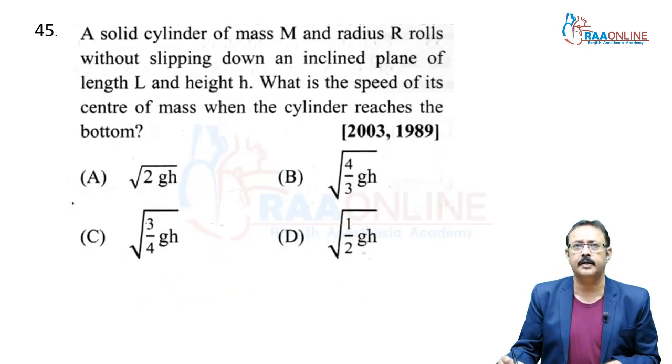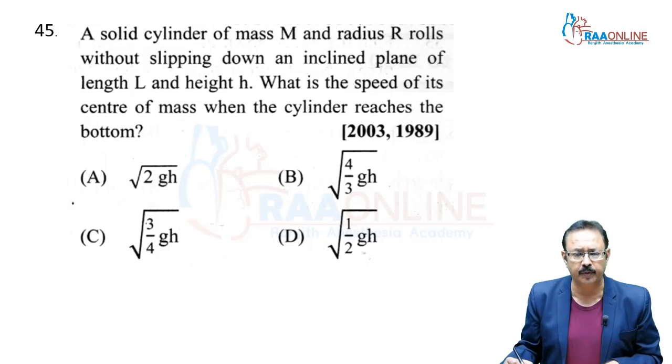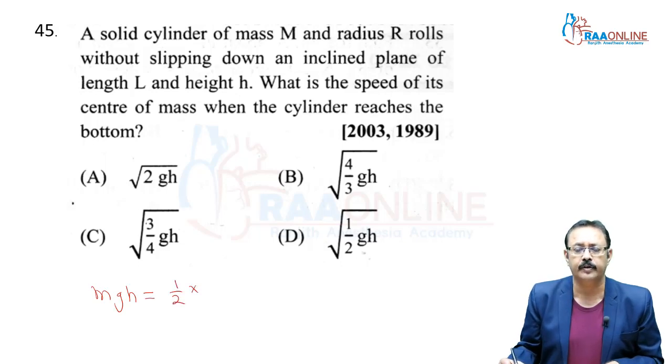A solid cylinder of mass m and radius r rolls without slipping. The solid cylinder is coming down, so its potential energy is converting into rotational kinetic energy, half I omega square. For solid cylinder, I is half m r square. Omega square means v square by r square, plus translational kinetic energy half m v square. Cancel m with m.